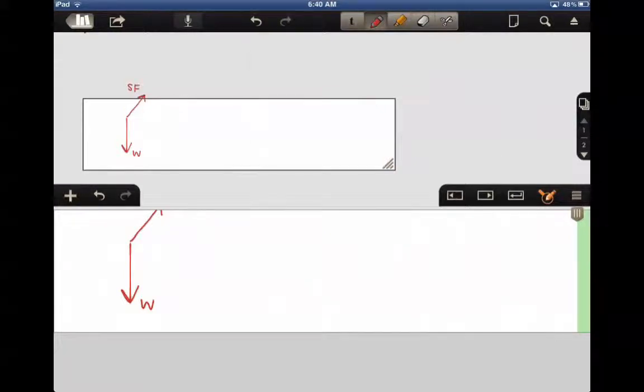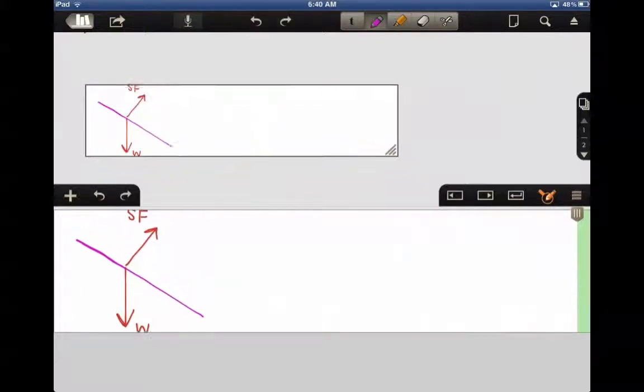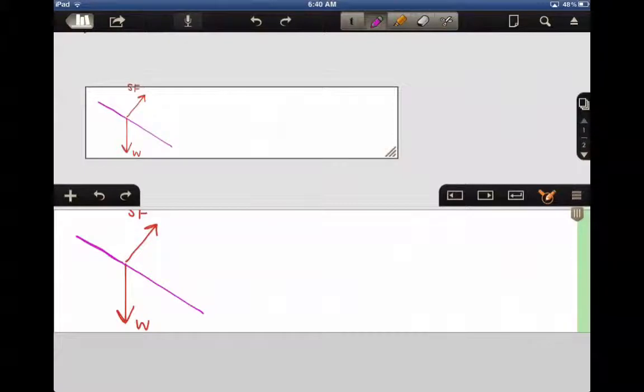And our axis runs like that. Give me 1 sec. Sorry, try and get this axis in cleanly. There we go.